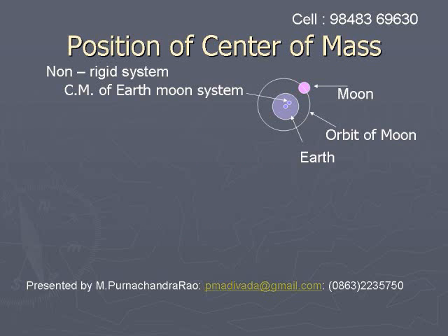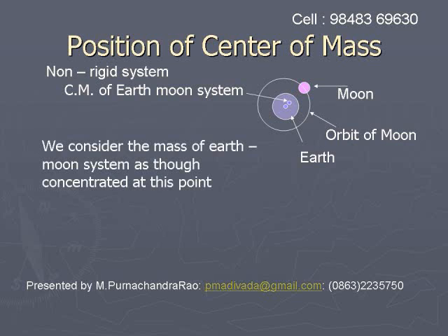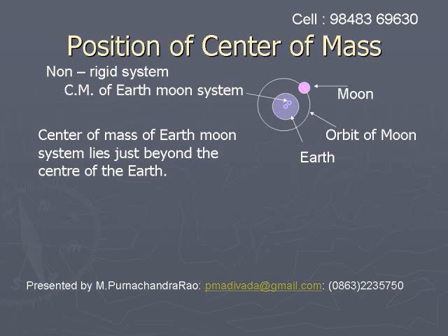A point near the center of the earth goes round the sun in an elliptical orbit. The position of this point is known as the center of mass. We consider as though the entire mass of earth and moon is concentrated at this point. This point will be nearer to the center of earth and it will be towards the moon.